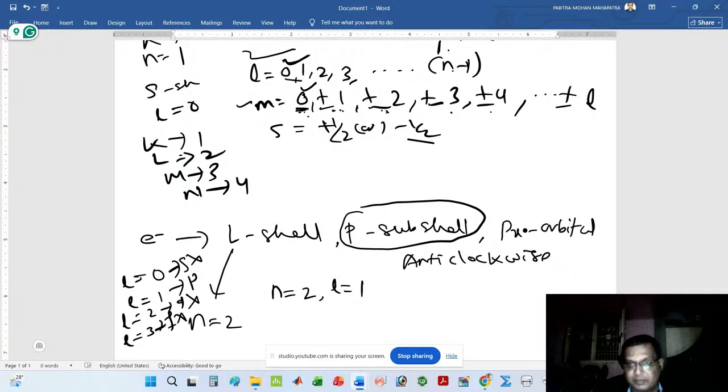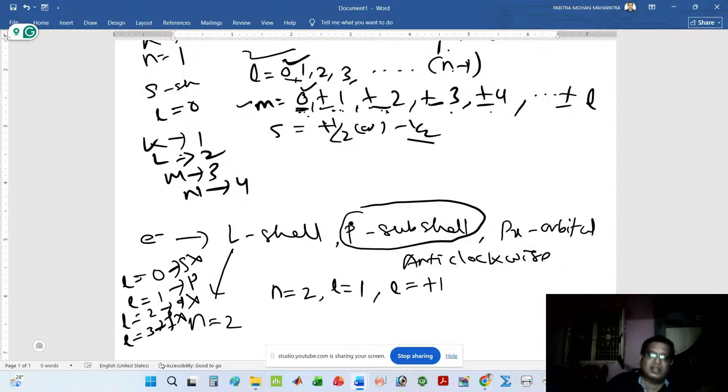Since it belongs to the px orbital, here I can write m is equal to plus 1. Look at the table: plus 1, 0, minus 1. Similarly, plus 2, plus 1, 0, minus 1, minus 2. Plus 3, plus 2, plus 1, 0, minus 1, minus 2, minus 3.